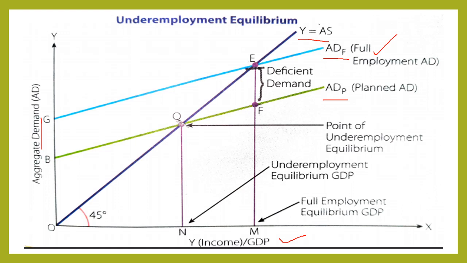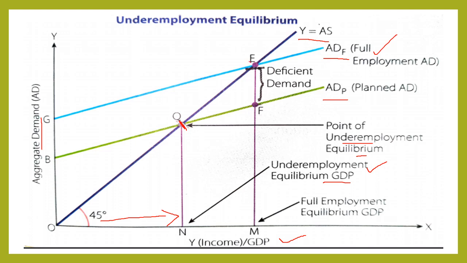So the point Q is the point of equilibrium where AS is equal to AD but without fuller utilization of resources, so it is the point of underemployment equilibrium, and ON is the output corresponding to underemployment equilibrium.